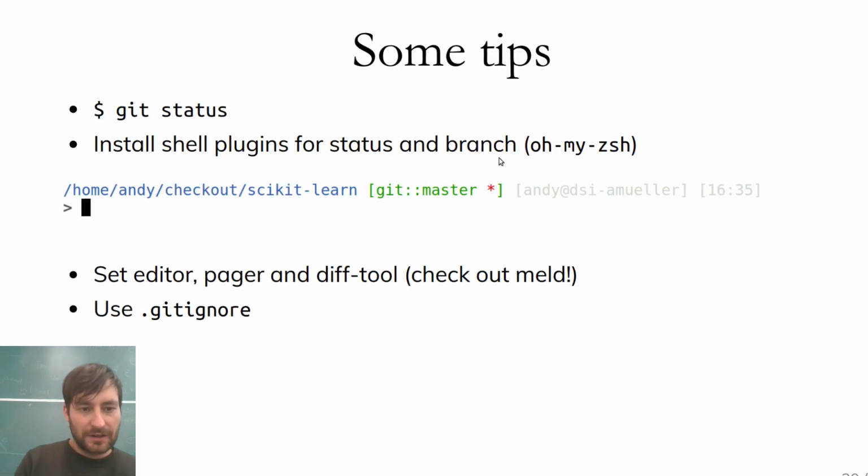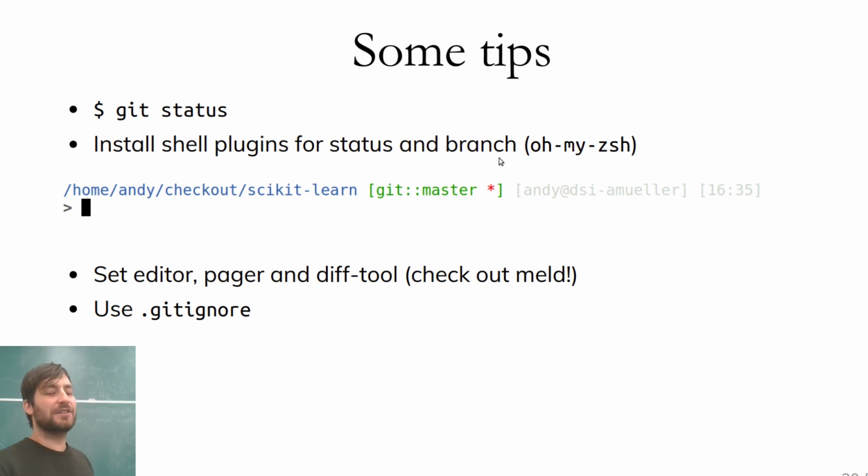All right, a couple more tips. You should use git status all the time to see what's happening, particularly which branch you're on. I really highly recommend installing a plugin for whatever shell you're using that shows you which branch you're on and what's happening. Here I'm using ZSH, with an extension called Oh My ZSH, which is great.